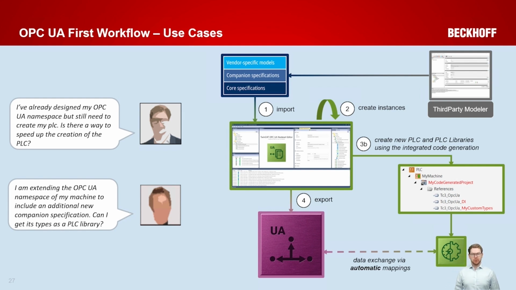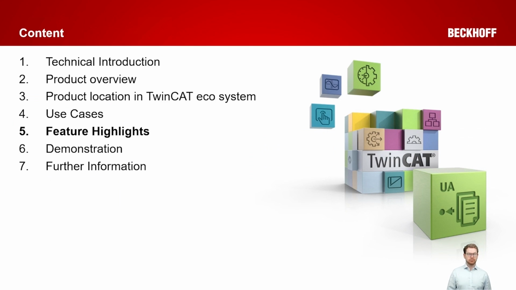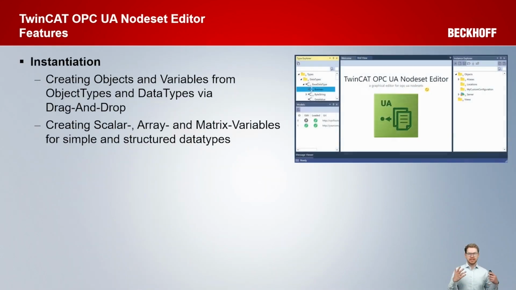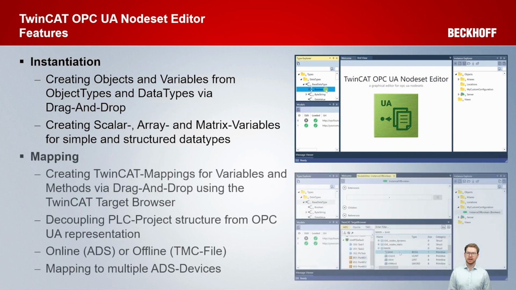So much about the workflow. What can the editor actually do? Well, it can instantiate objects and variables from object types and data types using drag and drop. It can create scalar, array, and matrix variables for simple unstructured data types. It can use the TwinCAT Nodeset TwinCAT target browser to create TwinCAT mappings for the variables and methods, also using drag and drop.